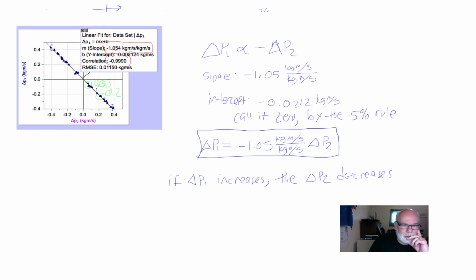So it decreased, but the momentum of cart 2, or the impulse of cart 2, went from about negative 0.2 to right up here, about negative 0.03. But it was an increase. So this increased as this decreased. And so that's what this statement right here is telling us, that the momentum of one increases, the other decreases, and vice versa. So that's important too.